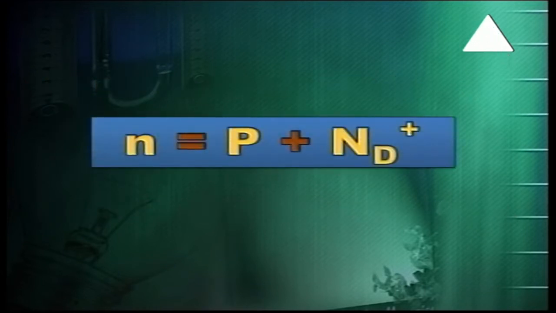So n, small n, denotes the number of free electrons, p the number of positive holes, and Nd positive is the concentration of the donors.